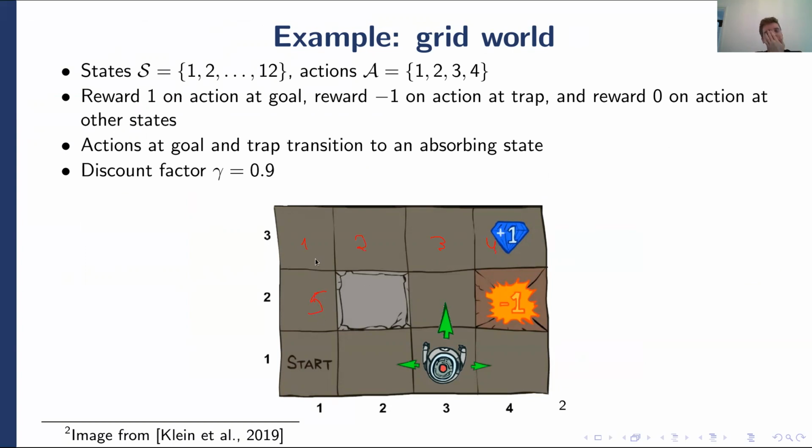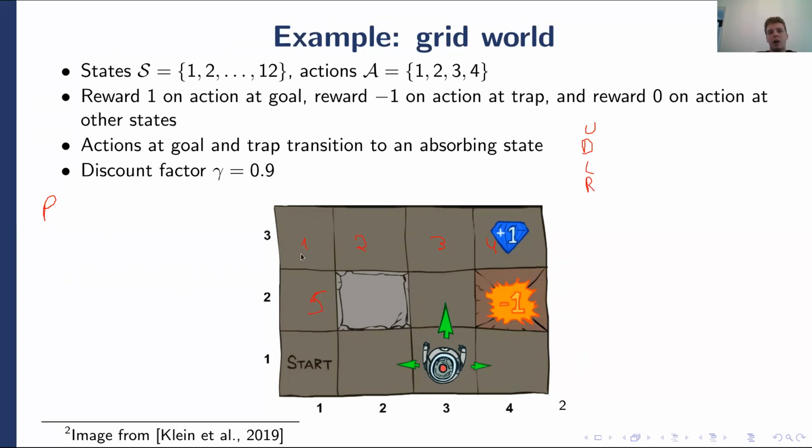And let's write down the probability of transitioning between states for state 1. And I would denote the actions by up, down, left, and right. Okay.